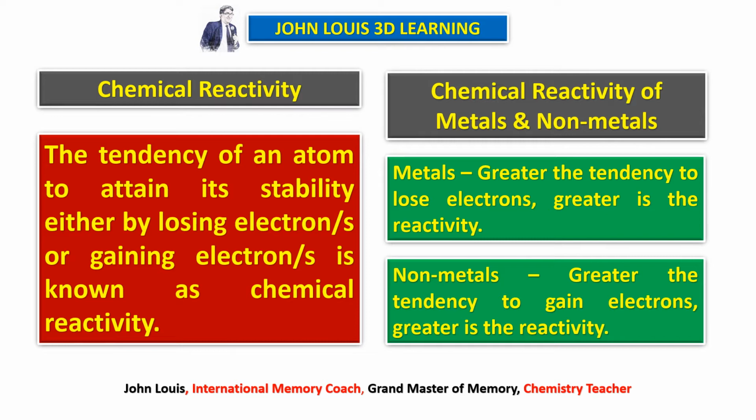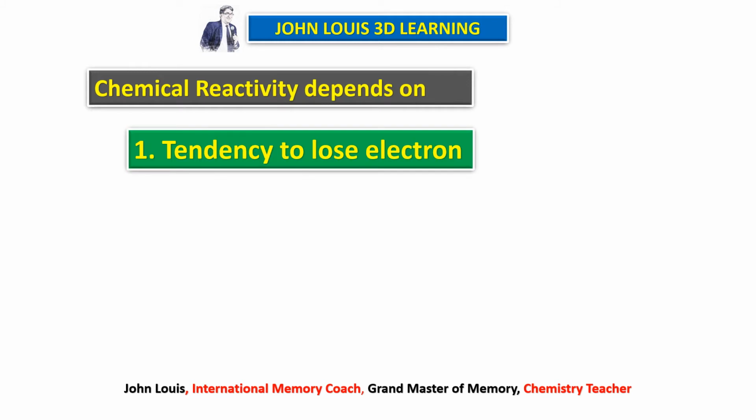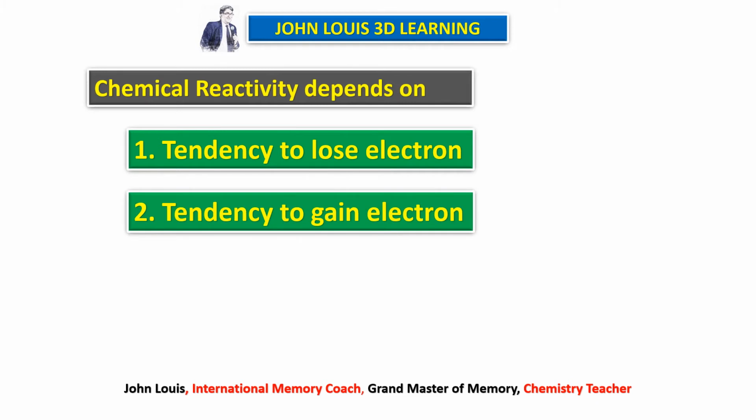Metals always have the tendency to lose electrons. Non-metals always have the tendency to gain electrons. So the greater the respective tendency, the greater will be their chemical reactivity. So the chemical reactivity depends on two factors: the tendency to lose electrons or the tendency to gain electrons.